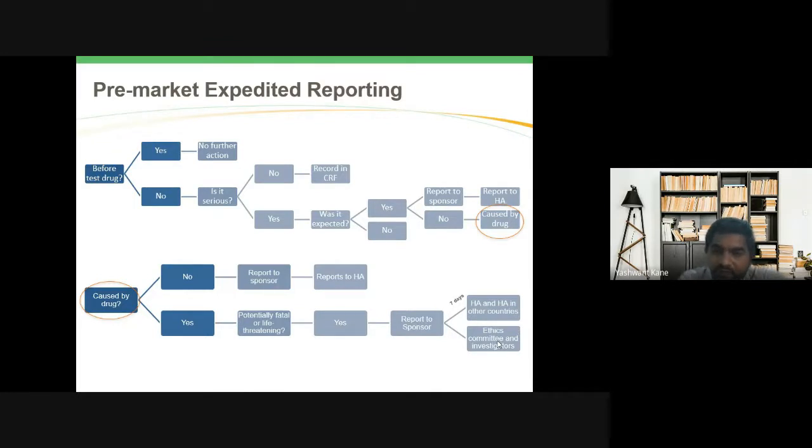Generally it is 7 days, and if it is not, then it should go in 15 days. So that's how the timelines differ according to authority. Also, the timeline differs according to the condition of the case, whether it's serious, expected, life-threatening, etc.